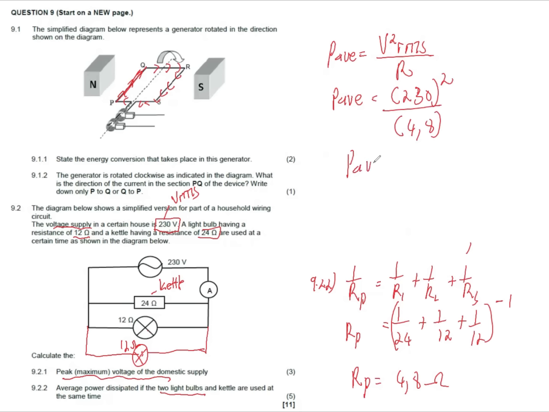Then let's calculate the average power dissipated. So this is going to be 230 squared divided by 4.8. So we have 11,020.83 watts. So that's how it goes. Nice one. So again, 11 marks in the bag, and that's how you were supposed to tackle this question right here. So let's proceed to another question.